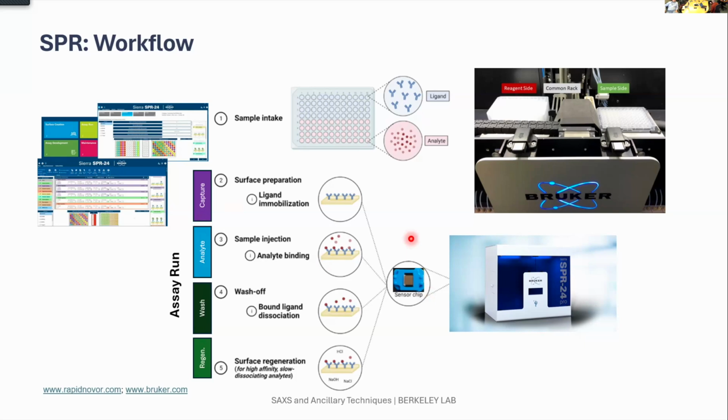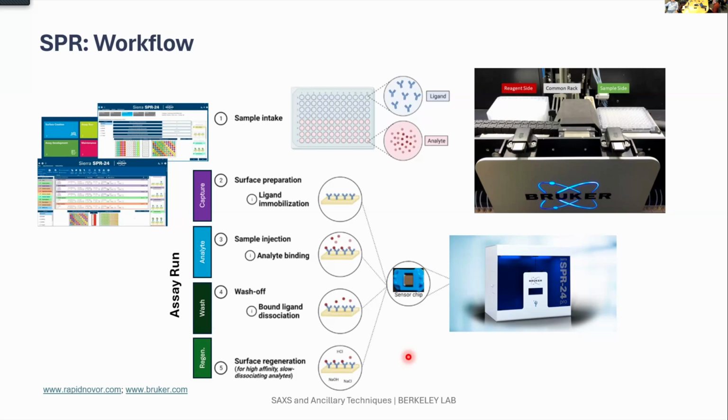Then sample injection, we just flow analytes over the surface. We wash away any unbound ligands, not ligands, analytes. And then the last stage, which might be optional sometimes, but usually you want to regenerate your surface.